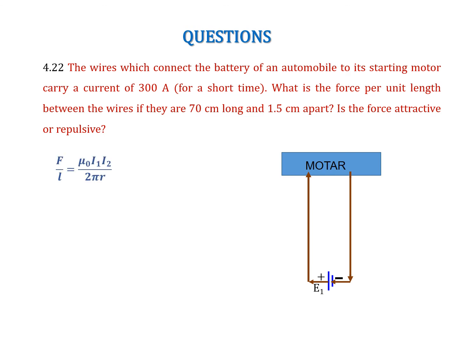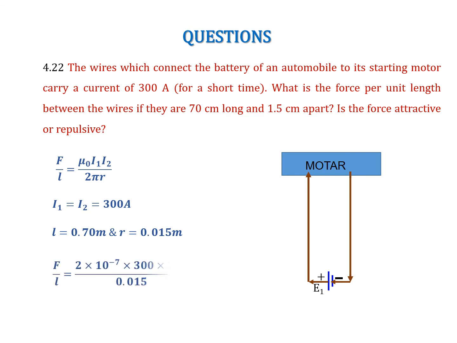So the magnitude of force per unit length will be mu naught I1 I2 upon 2 pi r. Okay, current I1 equals I2 is 300 ampere, length is 0.70 meter and the distance between the wires is 0.015 meter. So force per unit length will be mu naught upon 2 pi, which is equal to 2 into 10 raised to minus 7.